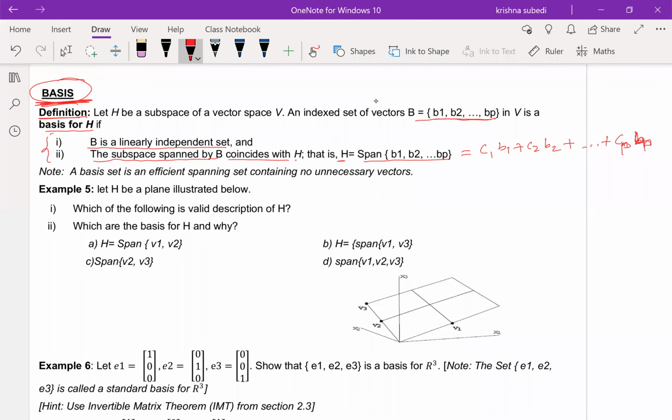That's the meaning of a span. So there are two conditions it has to satisfy. Condition 1, the set must be linearly independent. Condition 2, those sets must span, meaning they must generate or create that space H.